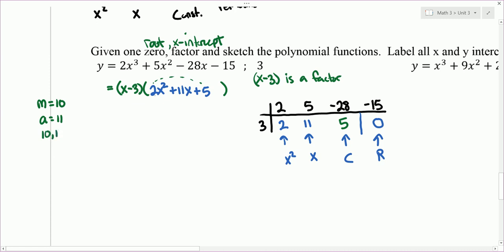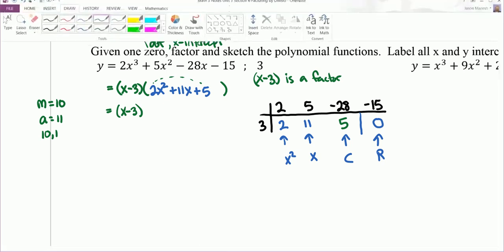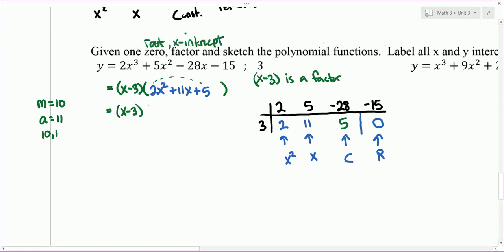Because there's a 2 in front of the x squared, can't use the shortcut here. So bring down the x minus 3, don't forget that. And we're going to split up our 2x squared plus 11x plus 5 into 4 terms. We get 2x squared plus 10x plus 1x plus 5.